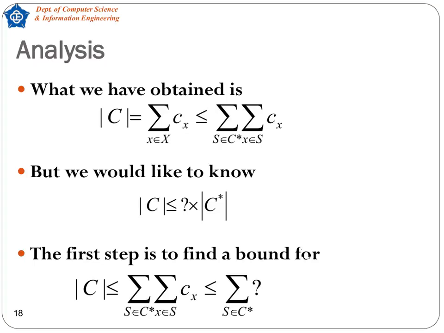Concretely, we look for a uniform bound M such that for every set S in C*, the summation for x in S of c_x is less than or equal to M. If we can establish that, then |C| is less than or equal to the sum over S in C* of the sum over x in S of c_x, which is less than or equal to the sum over S in C* of M, equals M times |C*|, and that constant M will serve as our approximation factor alpha.